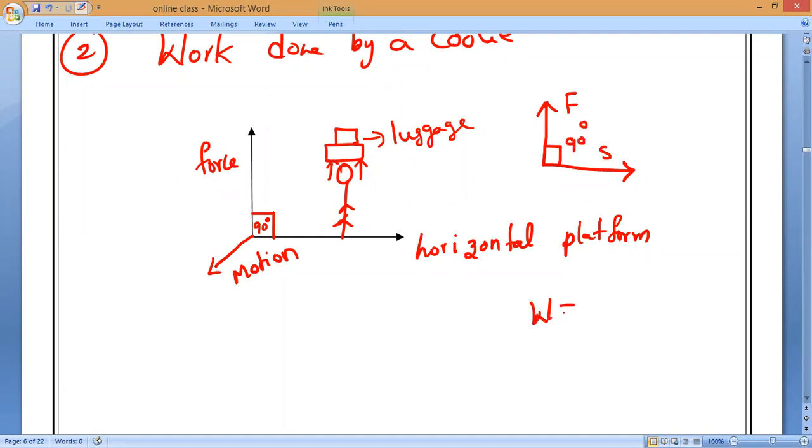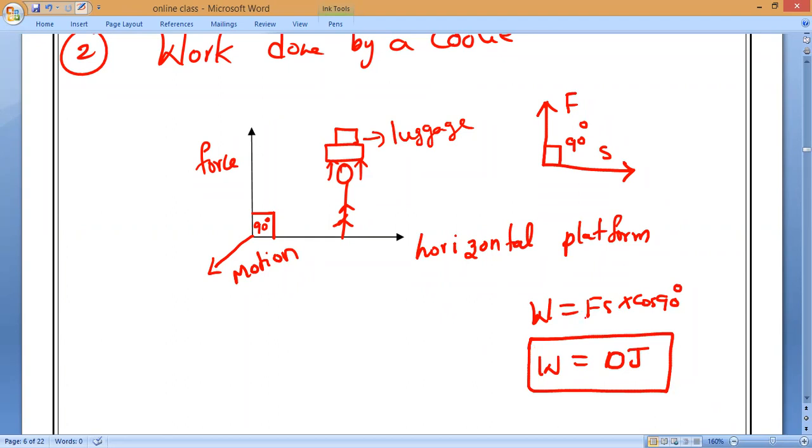Work done by the coolie is equal to F into S into cos 90 degrees, which is equal to 0. Even though force is applied and displacement is there, the angle is 90. So it is zero work done. Even if he carries the load 1 kilometer, he may become tired and lose energy.